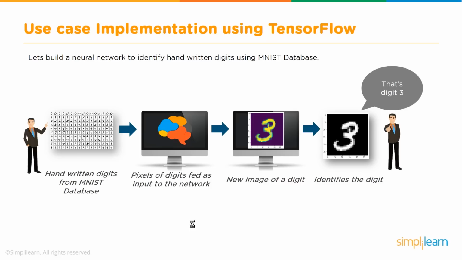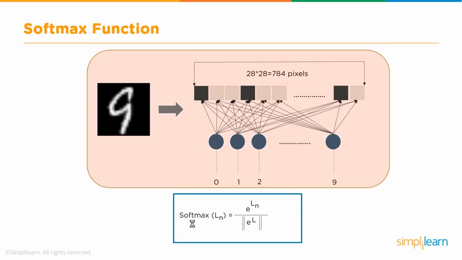That's how the images are stored, and that is how they are fed into the neural network for training. Once the network is trained, when you provide a new image, it will be able to identify it within a certain error, of course. And for this, we will use one of the simpler neural network configurations called softmax.